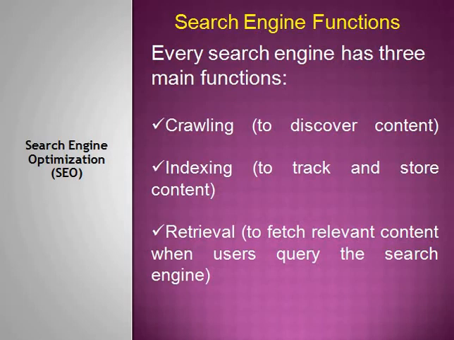And the third function is retrieval, to retrieve the information which we actually see on the search engine. Information retrieval fetches relevant content when users query the search engine. When we query Google, Google fetches us results.